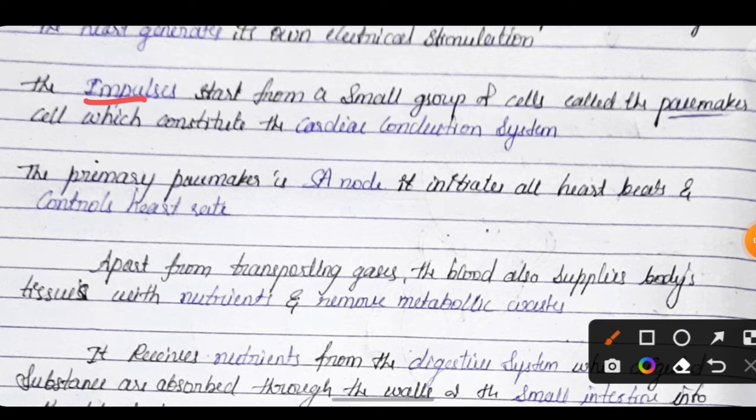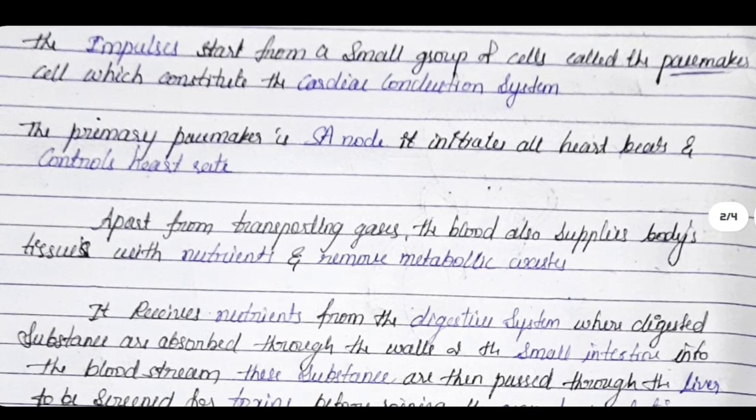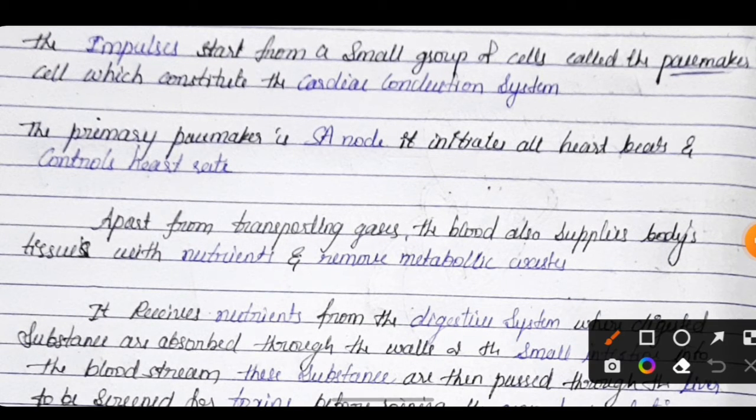The impulse starts from a small group of cells called pacemaker cells, which constitute the cardiac conduction system. The primary pacemaker is the SA node. It initiates heartbeats and controls heart rate.